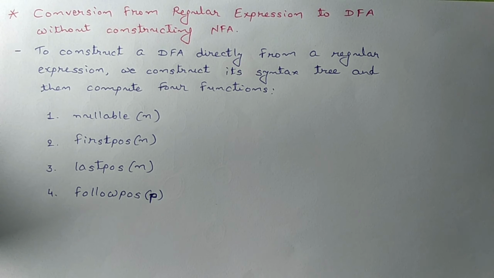Last position of n is the set of positions in the subtree rooted at n that correspond to the last symbol of at least one string in the language of the sub-expression rooted at n.